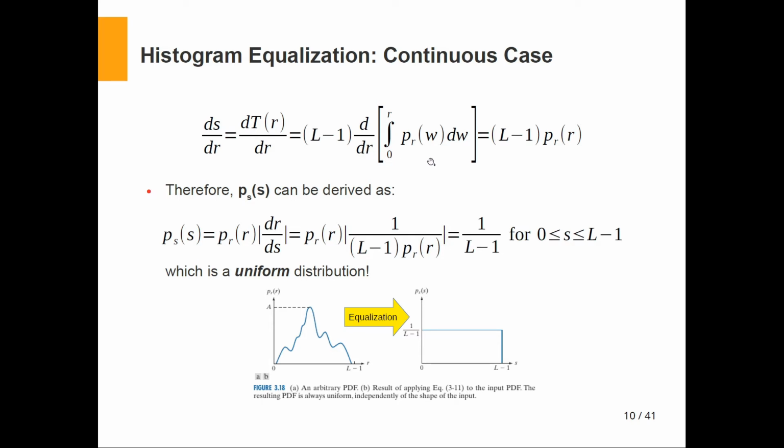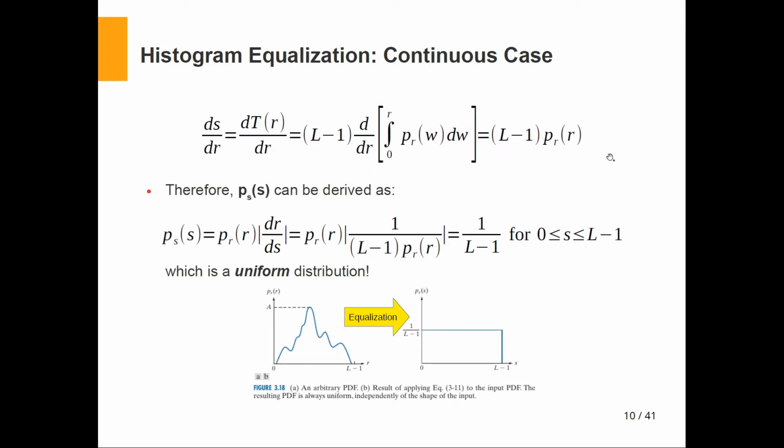And as you know from mathematics courses, the derivative with respect to the variable r of an integral which is defined based on that variable is going to be the function itself. So this derivative of s with respect to r is simply L minus 1 multiplied by the PDF of r.